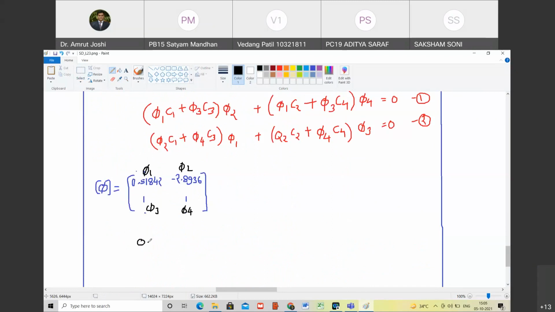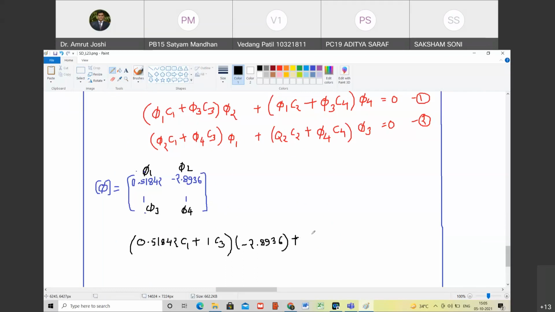So 0.5842 C1 plus 1 times C3 into phi 2, that is minus 2.8936. Agreed? Yes.